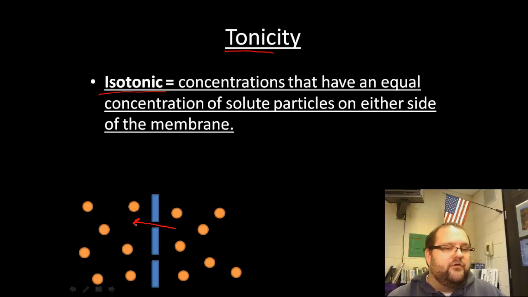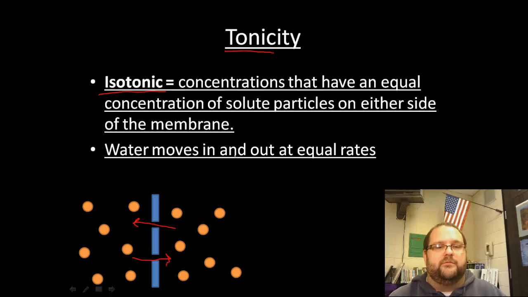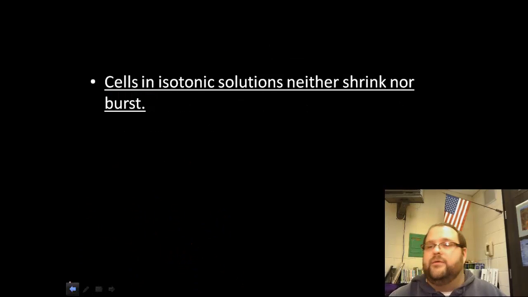The water is going to move across the membrane equally in both directions. Water doesn't stay still, it moves across, but it moves equally in both directions so that there is no net movement of water. Okay, so water moves in and out of each side at equal rates. There's no net movement of water in an isotonic solution.